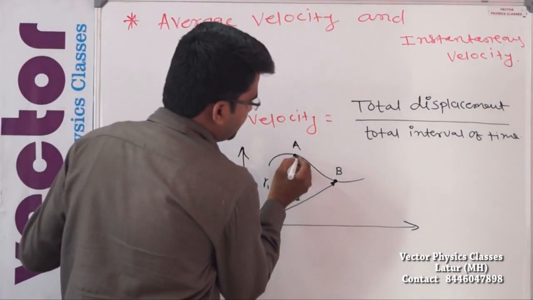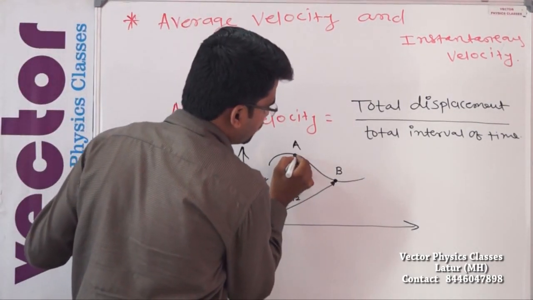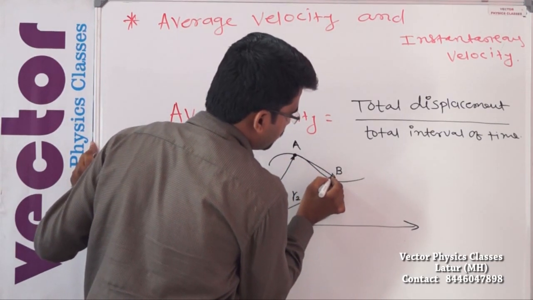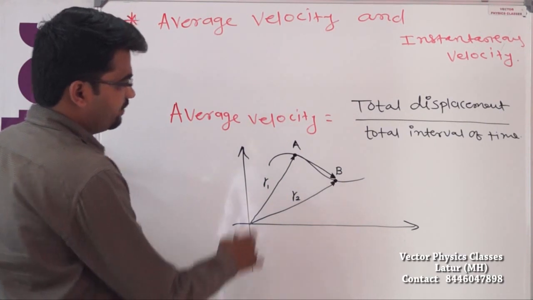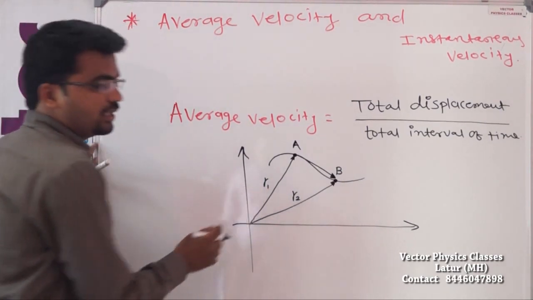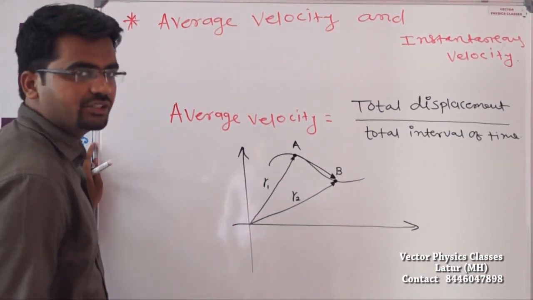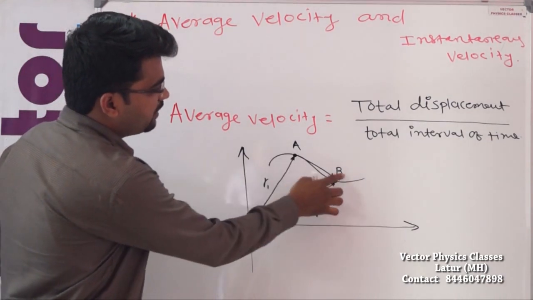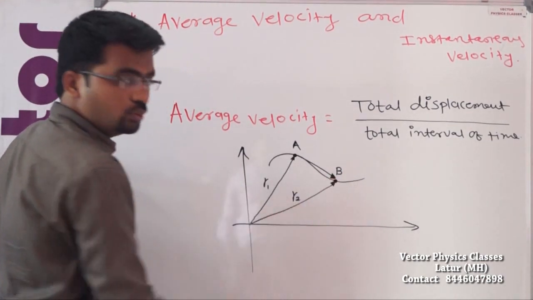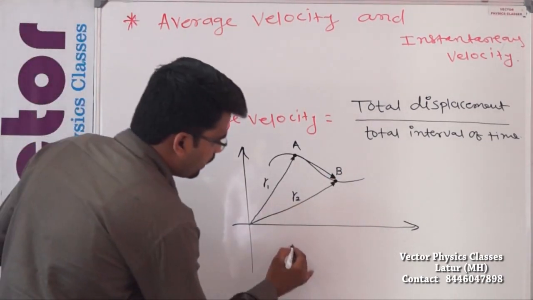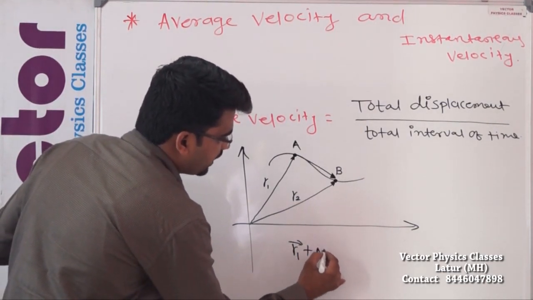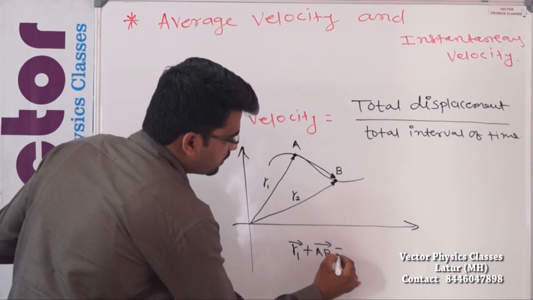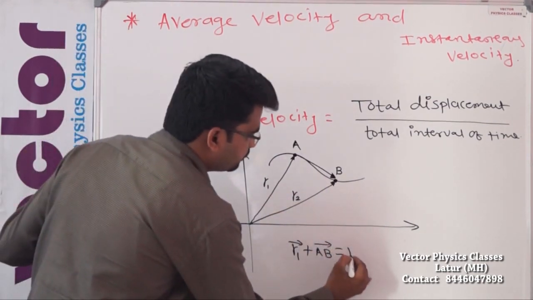Now join AB from initial position to final position, and by using the triangle law of vector addition, r1 vector plus AB vector must be equal to r2 vector.